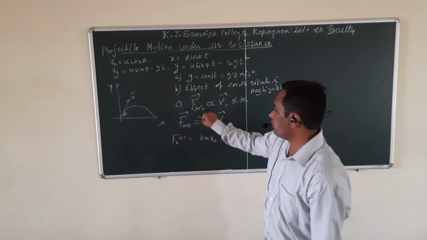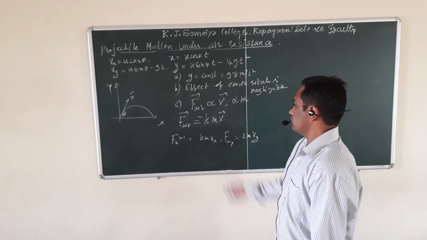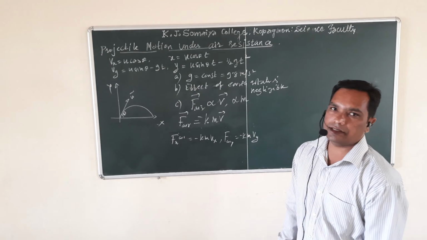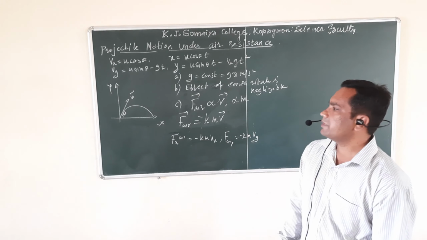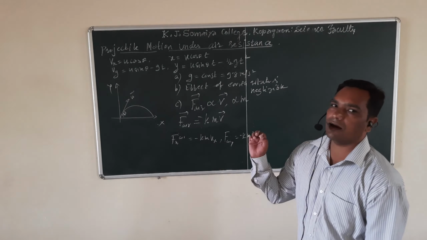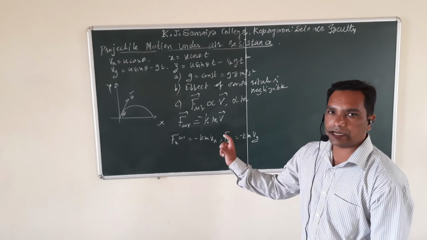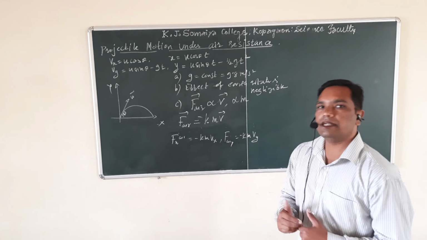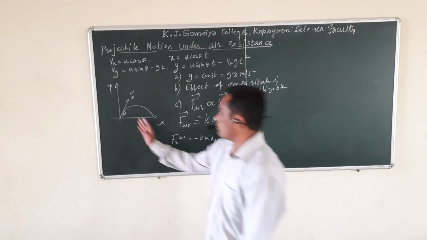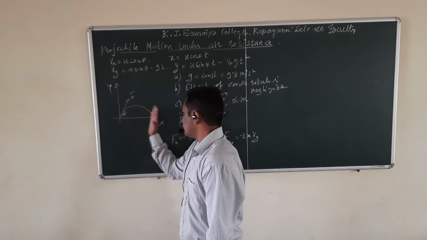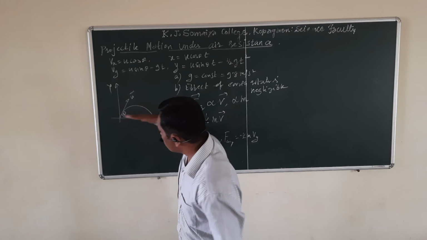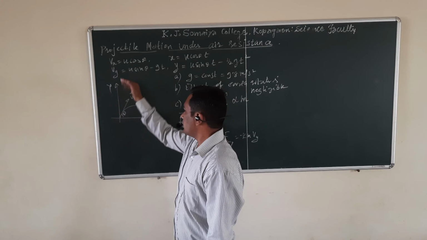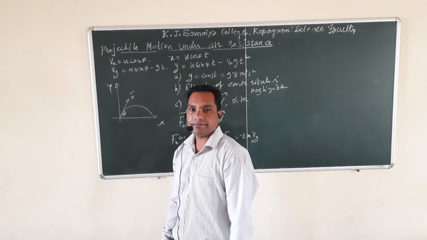That's why here we have to introduce a negative sign, and these forces have a negative sign, which means the air resistive forces are always directed opposite to the direction of motion. Means if we take the horizontal component as this, then the air resistance force is like this. For vertical motion like this, then the air resistance force is like this.